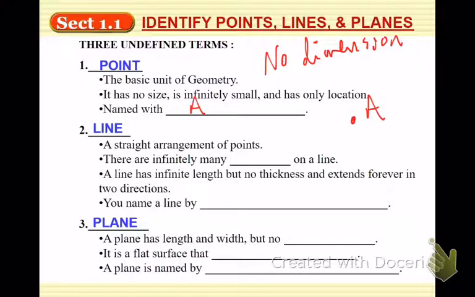A line. Now if you start putting points next to each other and side by side, then they start to create another figure. And that figure is a line. So a line is a straight arrangement of points.